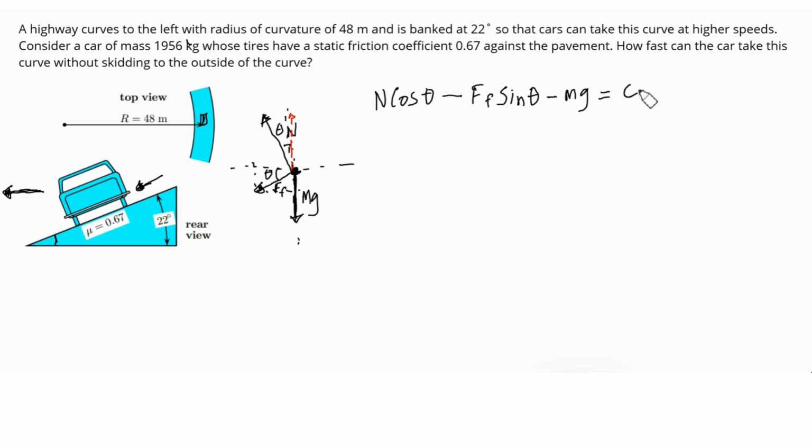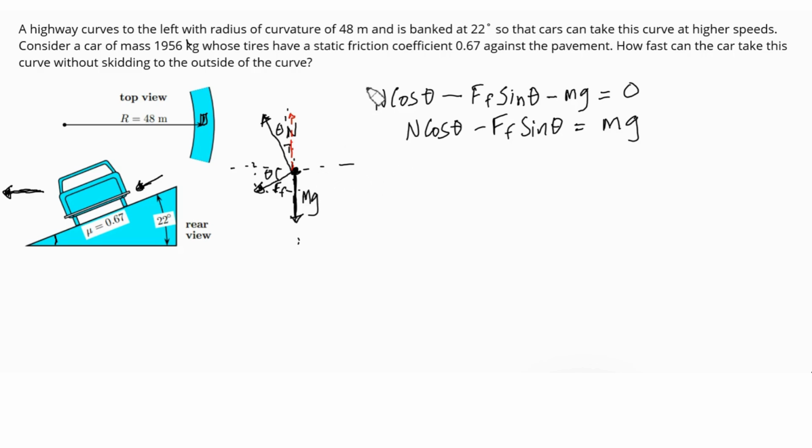And the sum of all of these has to equal zero because I have no acceleration in that direction. So I can rewrite this as n cosine theta minus force of friction sine theta equals mg.